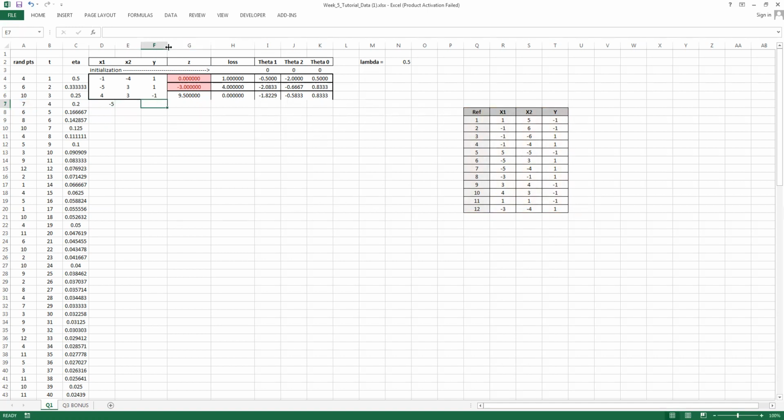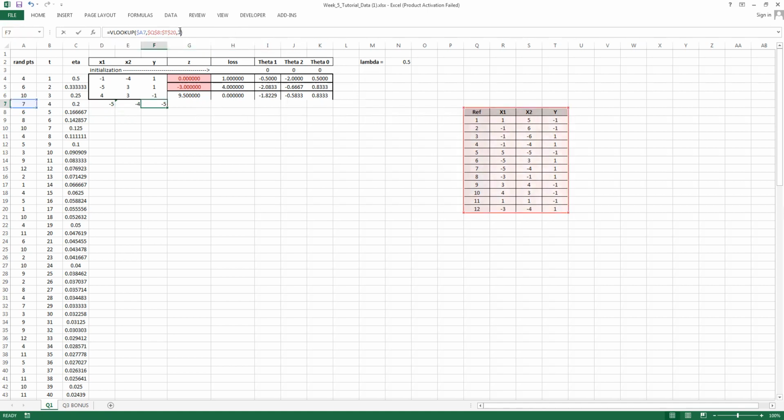I want this to move over, but when I do that, I don't want my column moving. So I'm just going to fix that A7, but not fully static because I want it to copy down. I only want to lock the column, not the row. And so now I can copy and paste that over. And all I need to change here is change the 2 to a 3 because I want the third column for x2.